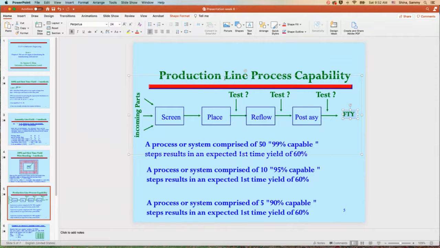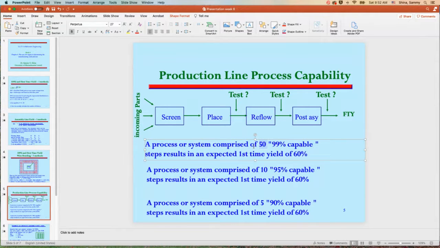And what is the line capability? So the idea here is a process system of 50 stations, 99% capable, meaning each in-process station is 99% capable, produces 1% defect. If you have 50 of those, to give you an idea, in my expertise, if you make a printed circuit board, there's 30 operations. If you make an integrated circuit, there's 200 operations.